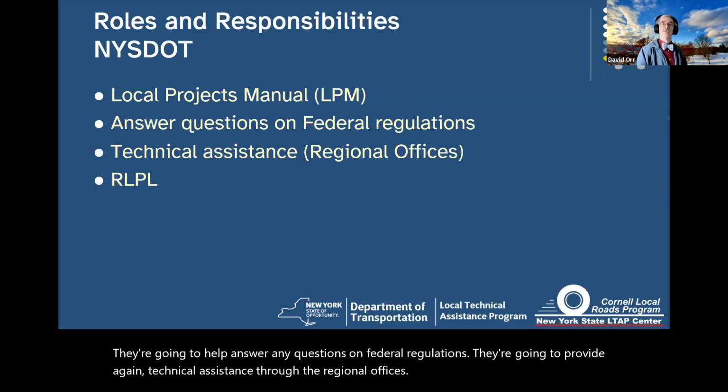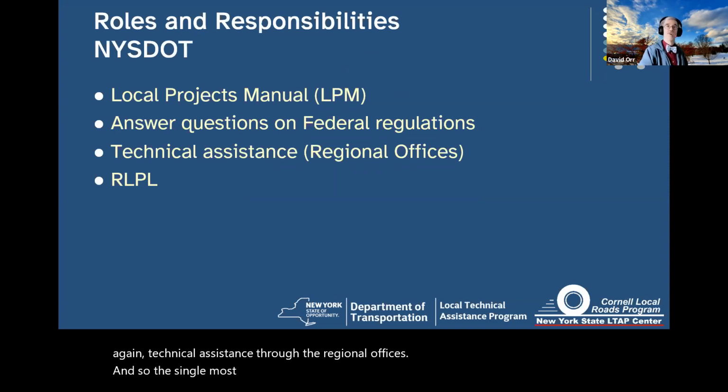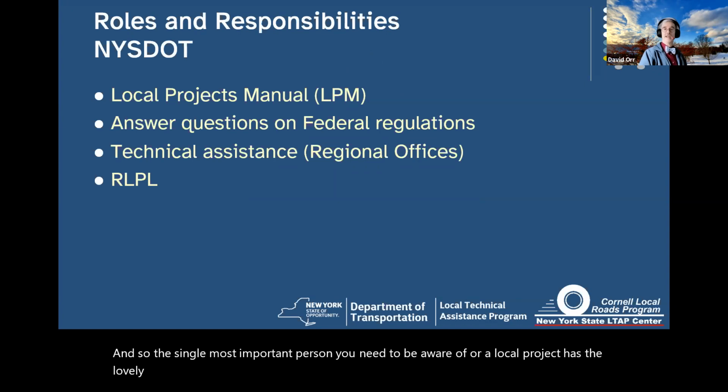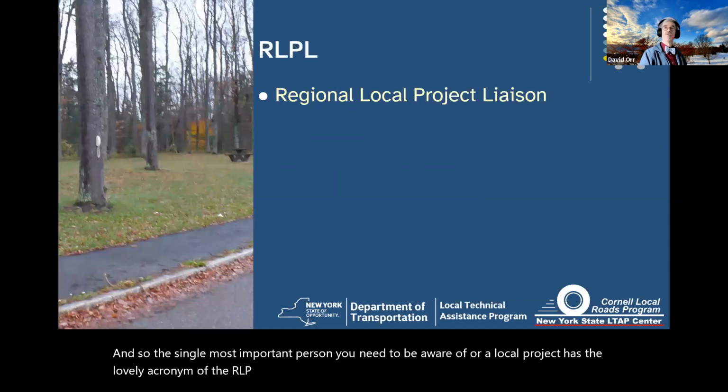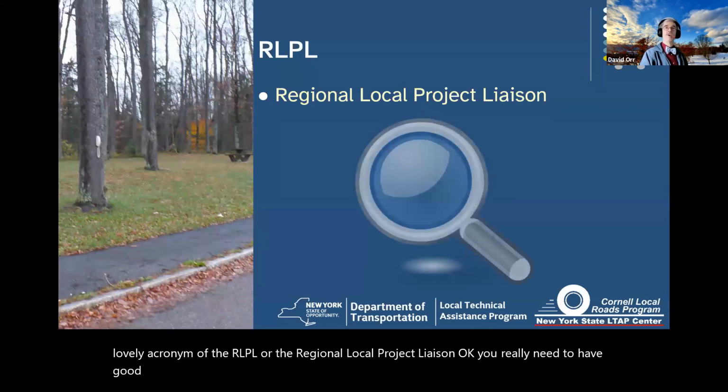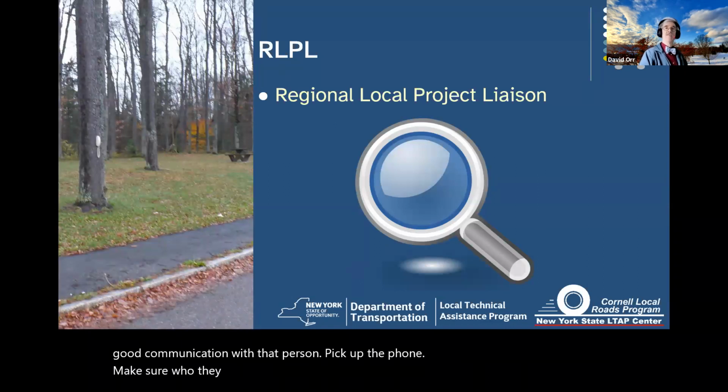And so the single most important person you need to be aware of for a local project has the lovely acronym of the RLPL, or the Regional Local Project Liaison. Okay? You really need to have good communication with that person. Pick up the phone, make sure you know who they are. There's a link in the handout to help you find who your RLPL is. If you don't know that person, make sure you do.